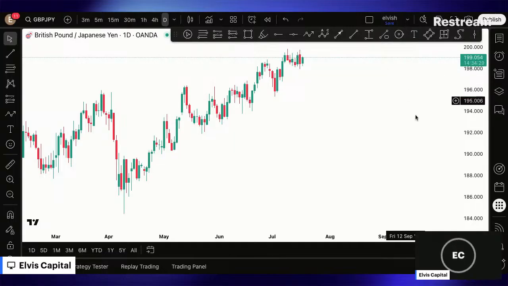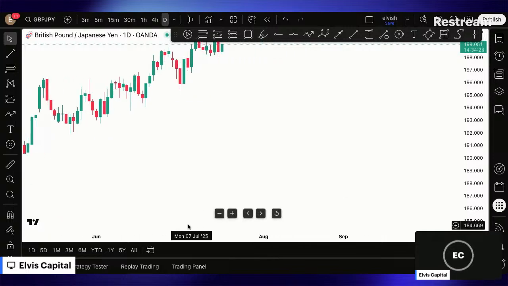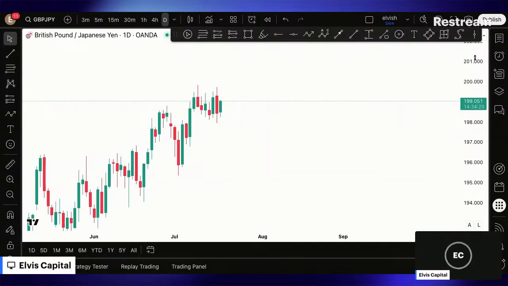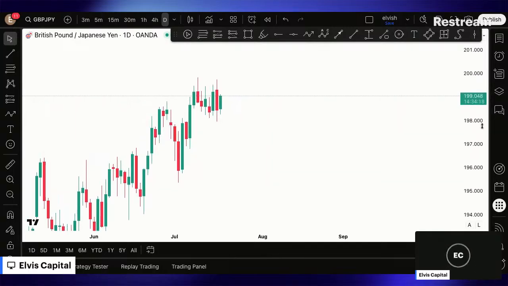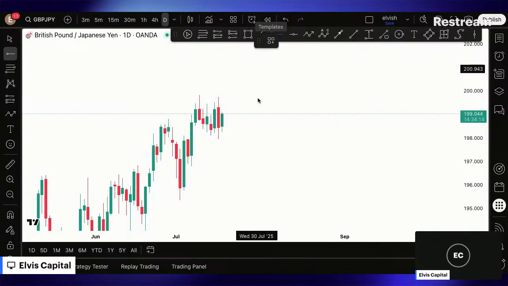And as I told you, before we do anything, my strategy is precise, it's clear. So I'll start off by marking the daily lows that have been respected consecutively, right?